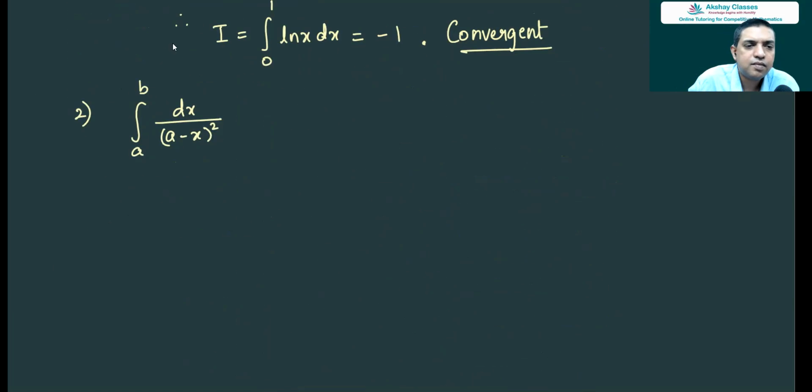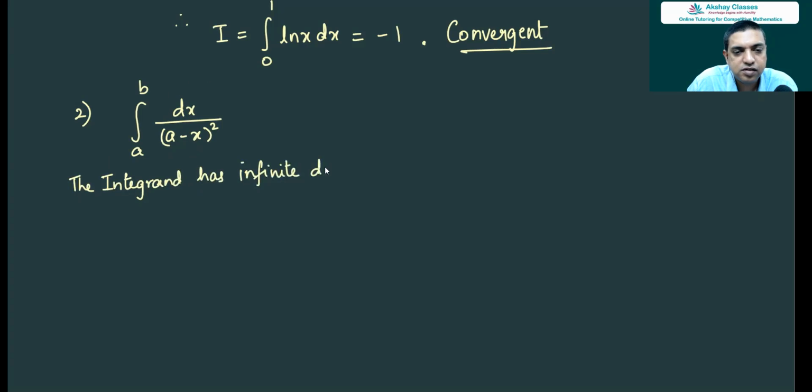The integrand, that means the function that is being integrated, has an infinite discontinuity at x equal to a. We can see that the denominator goes to 0. So what do we do?